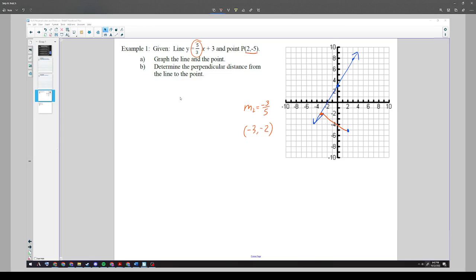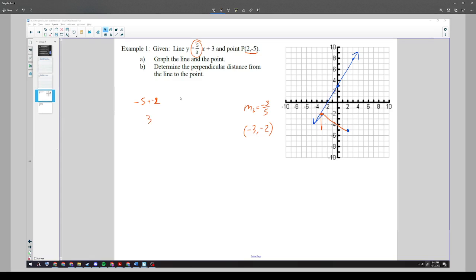Now our last step is just to find the distance between those two. So we're going to take -5 minus -2. Oh, I did the wrong number at first, I need the y value.